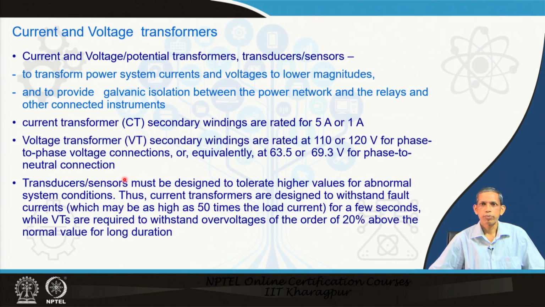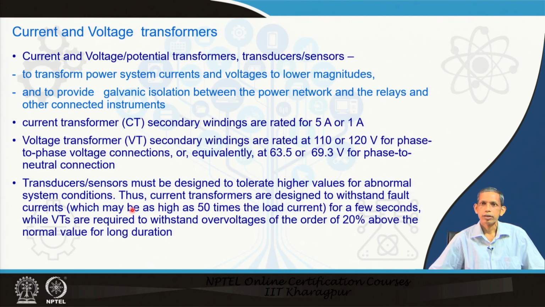Therefore, the CT primary will see, particularly during a fault, a very large current, which may be as high as 50 times the rated current. The CT has to manage such a large value without any possible damage to it, and that may be for a few seconds also, because the fault may persist for that kind of period.